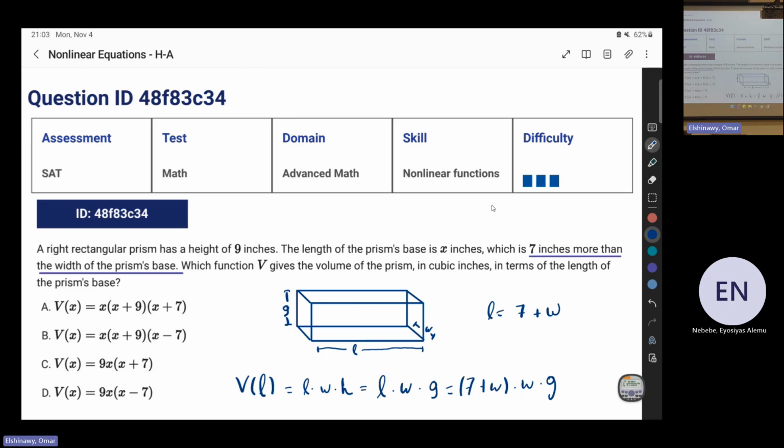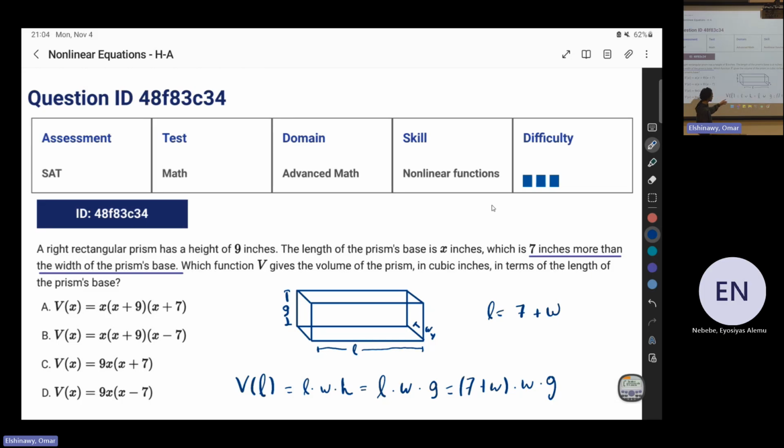If I tell you the length is 10, can you tell me what the volume is going to be from this equation? Yes, but you have to do some work, right? Yeah, so that's the thing. So this is a function of the width.